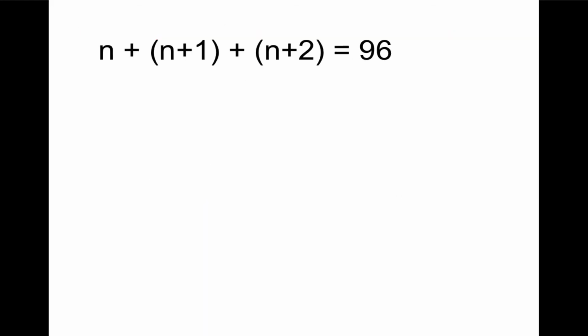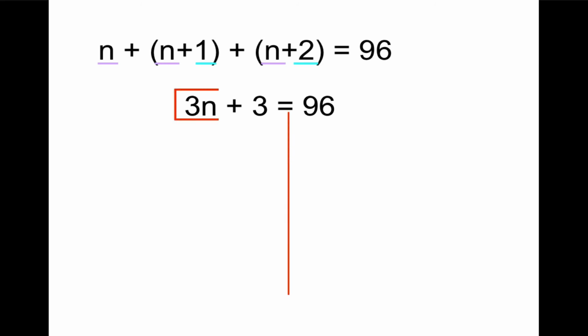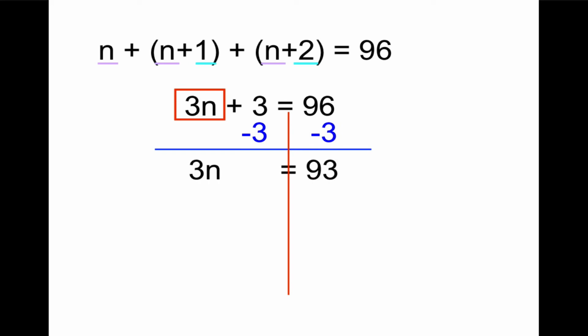To solve this one, once again, we can use our commutative and associative properties to group the n's together. N plus n plus n, this time equals 3n, and 1 plus 2 equals 3. So we have 3n plus 3 equals 96, which is now a two-step equation. So step 1, let's subtract 3 from both sides, and we get 3n equals 93.